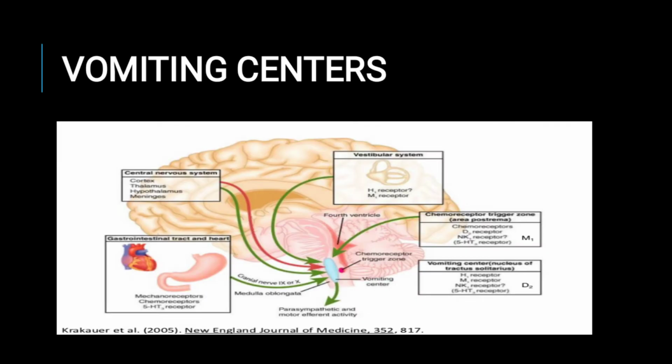This picture shows the vomiting center, chemoreceptor trigger zone, fourth ventricle, vestibular system, central nervous system, and receptors in the gastrointestinal tract and heart.